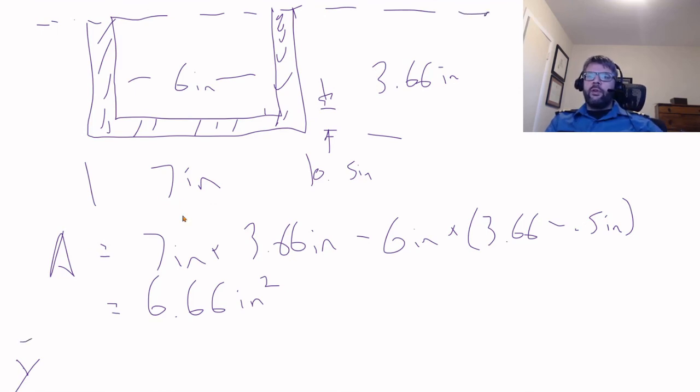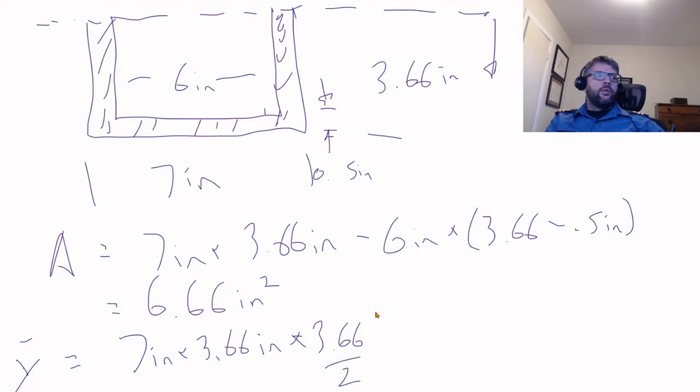So our Ybar relative to the neutral axis is going to be the 7 inches times 3.66 inches times, we'll measure positive as being down from there, rather than have to worry about negative signs, 3.66 divided by 2.